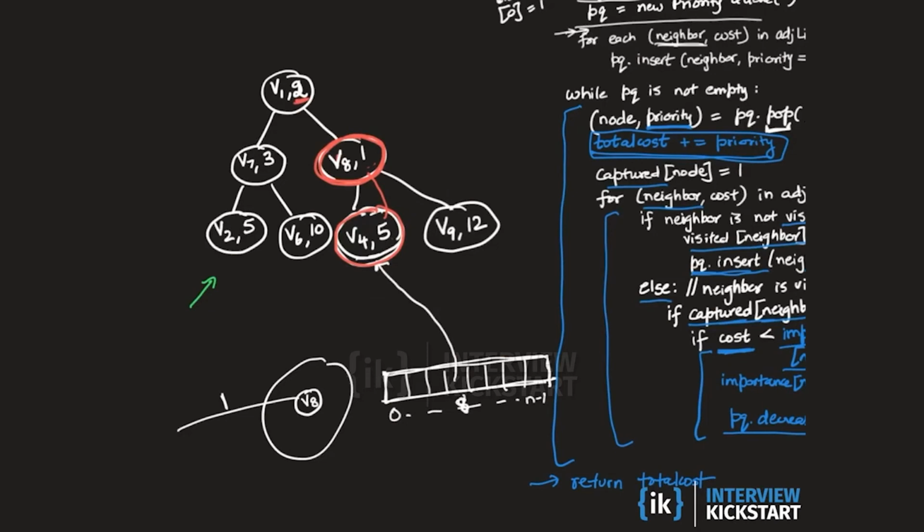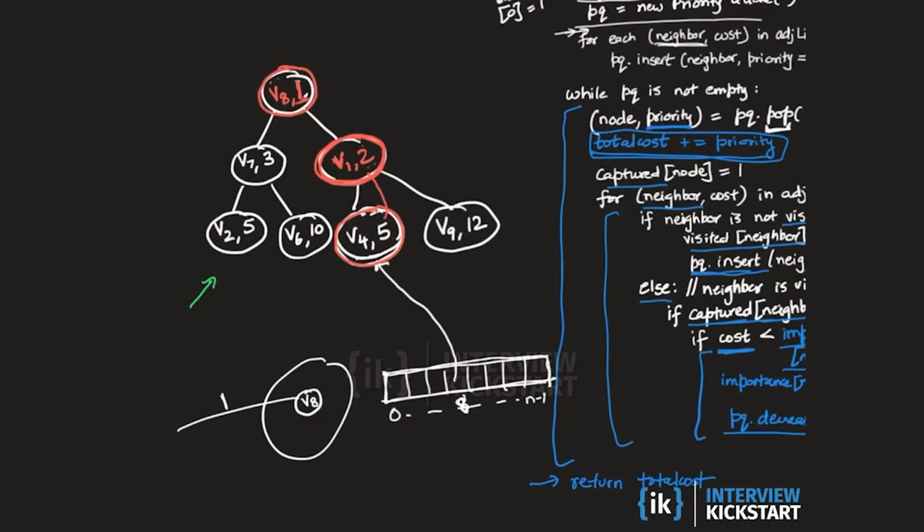We have to again erase v8 comma 1 from here and put it there, and likewise v1 comma 2 is going to bubble down, v8 comma 1 bubbles up, and now v8 comma 1 has risen up to become the root, and now you can see that the heap property is maintained.